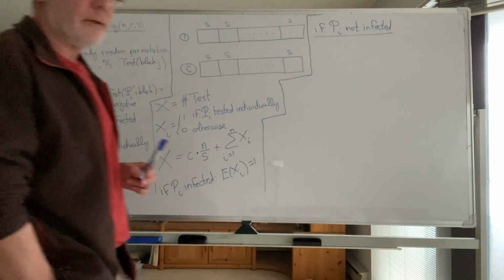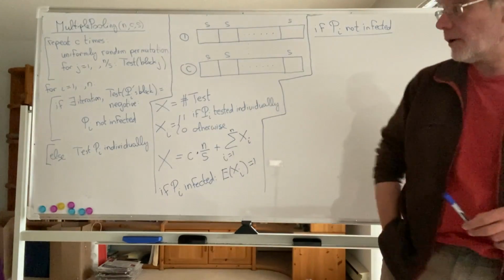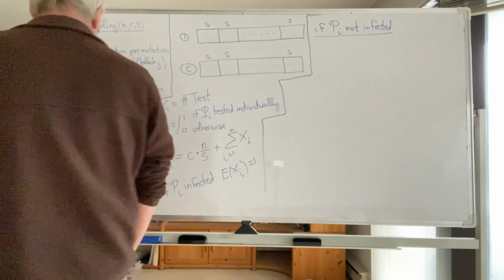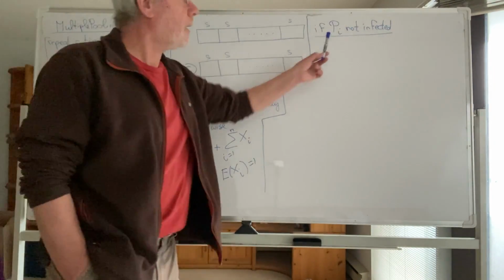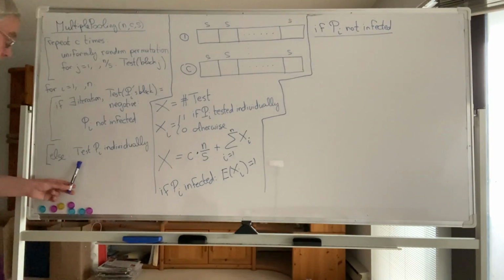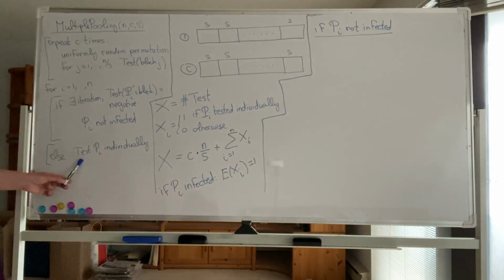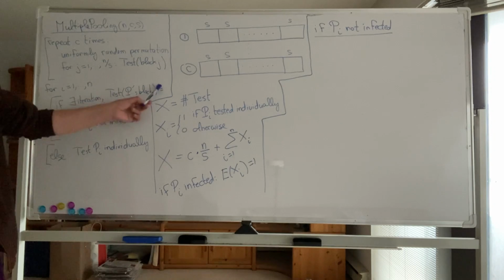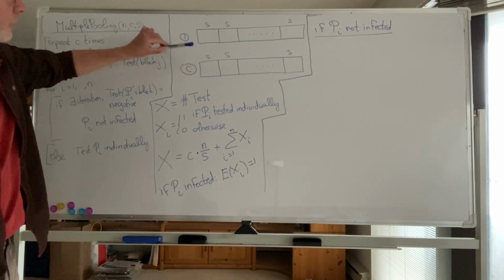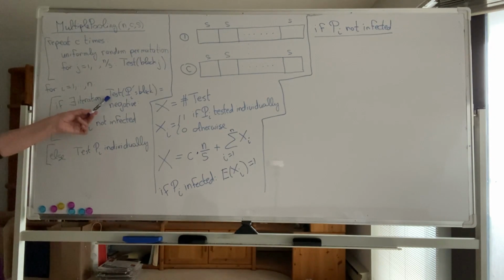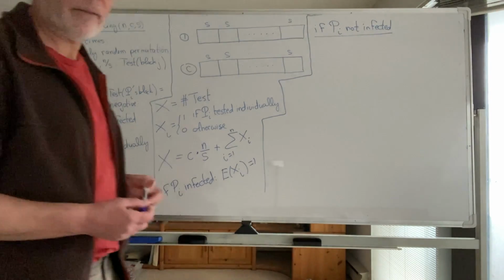It is still possible that we test person i individually. Now, when does this happen? For this particular person Pi who has not been infected, we reach this line here, which is the else case. So that means we need to negate this here. That means in every step here, the result of the function test on Pi's block is positive. So we have to determine the probability of that.